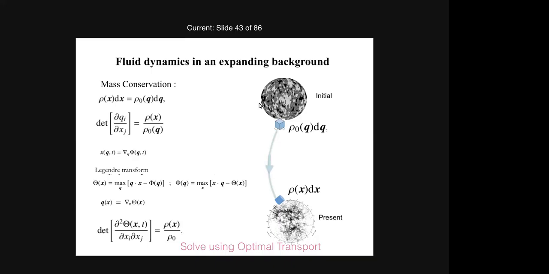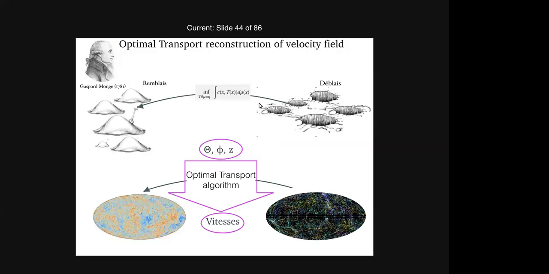If you look at this equation, it's very similar to the Poisson equation. It's nonlinear because you have a determinant of a Hessian instead of a Laplacian. So you solve it and you find the correspondence and you find the velocity. Just take my word for it, it's a fascinating scheme used extensively in various areas of science. You put the positions inside this optimal transport machine and it gives you the velocity.